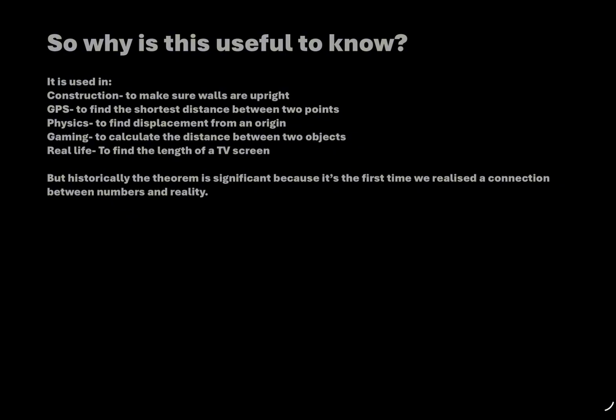GPS is used to find the shortest distance between 2 points. Physics uses it to find displacement from an origin, to calculate a distance between 2 objects. And in real life, you use it to find the length of a TV screen. So any situation where you have things like that, you can use it to find distances.